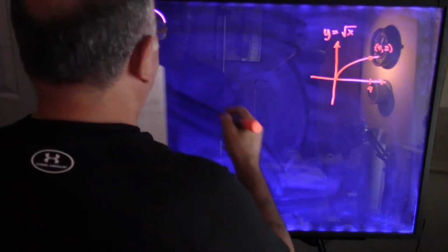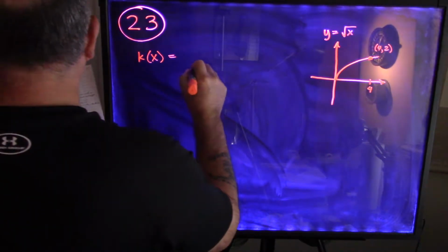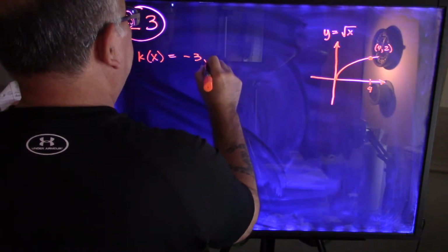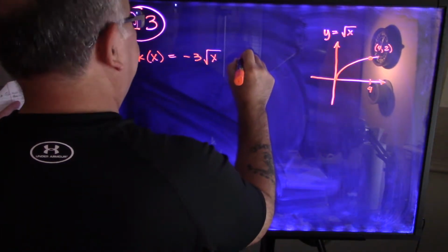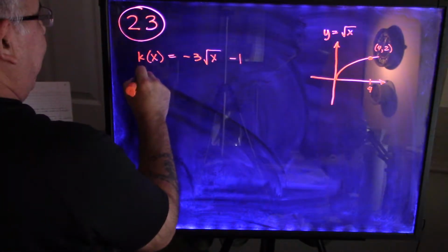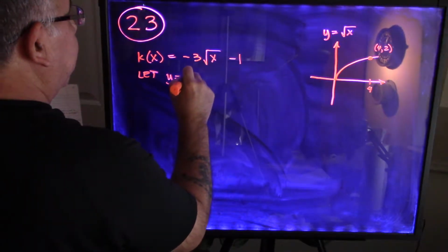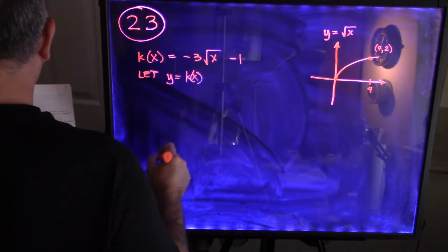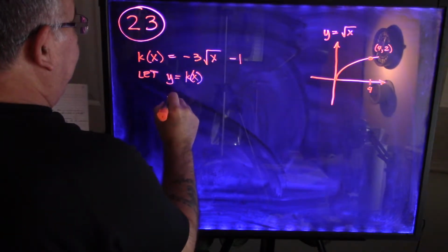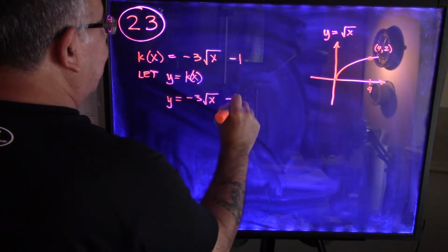Number 23. We have k of x equals -3 square root of x minus 1. Let y equal k of x. So we have y equals -3 square root of x minus 1.